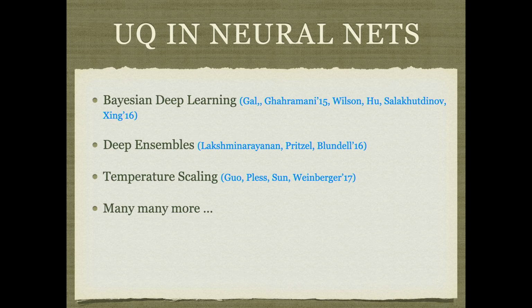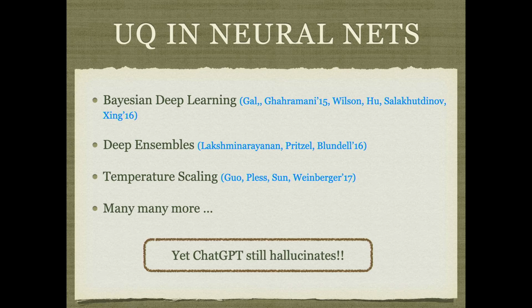That's what this idea of deep ensembles is based on. Or we should do some temperature scaling. That's one that I will actually get to in a bit more detail. And there are many, many more I could have cited. But the bottom line is ChatGPT still hallucinates, so that means we just did not figure it out, right? So there are ideas, but none of them actually works. Because if it worked, then we would have a foundation model that actually does not hallucinate, and that's not the case today.